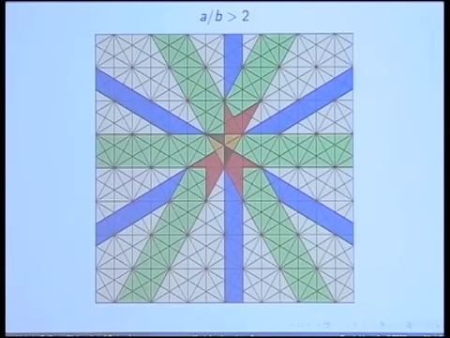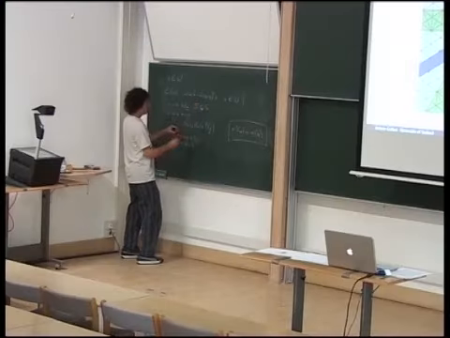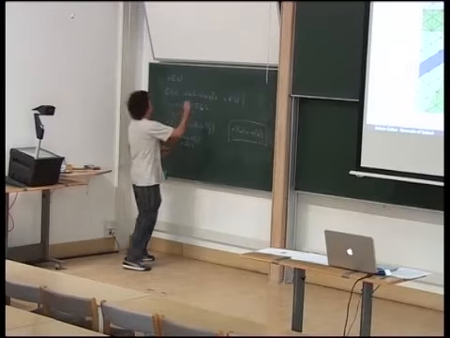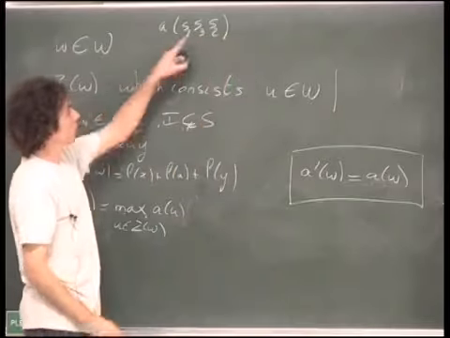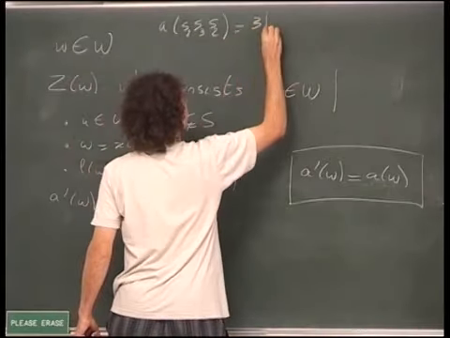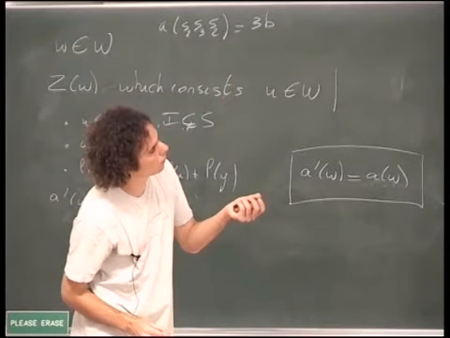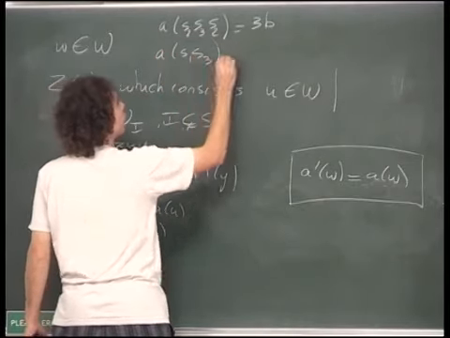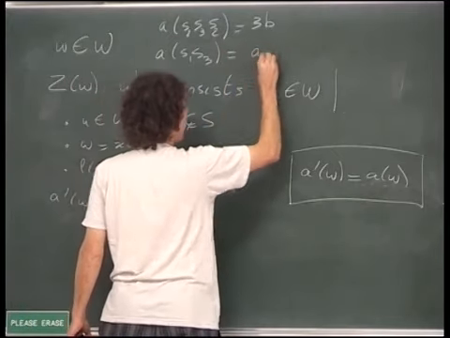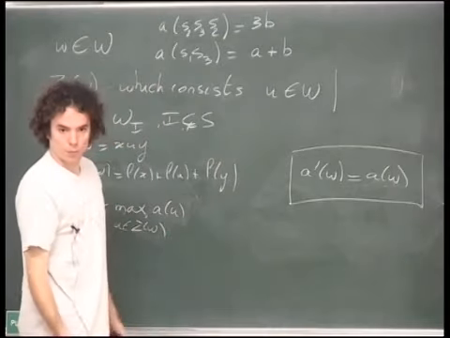All right, next you have to look at A over B equal 2. Well, nothing very big happened. The only thing is that this green cell is now light green. So why does it happen like that? Well, because the dark green there was S2, S3 corresponding to the element S3, S2, S3. The weight function of this thing is 3B. And now the light green one was associated to S1, S3, and the weight function of S1, S3 is A plus B. So what happens when A over B equals 2?